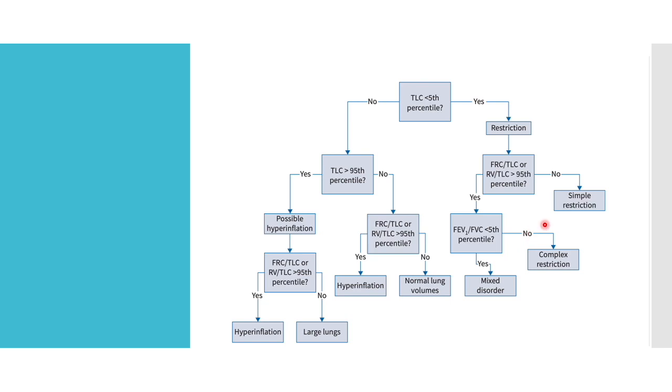So this complex restriction is a new term which tells us that there's more than one process occurring, and more than one process is lowering the FVC out of proportion to the reduction in the total lung capacity. This can happen because of obesity, it can happen because of a neuromuscular disease, and so this complex restriction can be found out using this way.